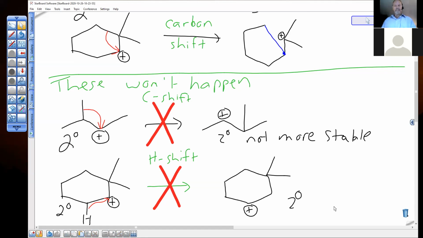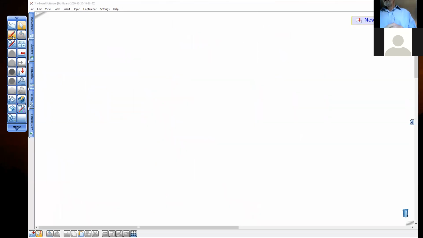So you can move a carbon from an adjacent position or a hydrogen from an adjacent position. And the only reason you would do it is to get a more stable carbocation. Let's go to my favorite rearrangement and then put this all together. Here's my absolute favorite.